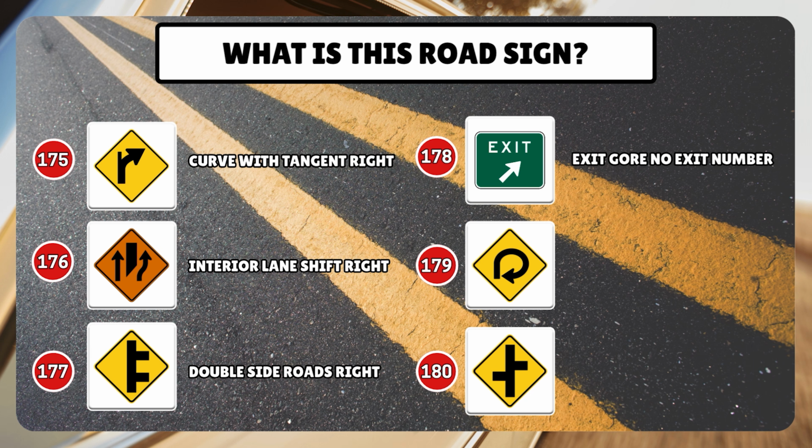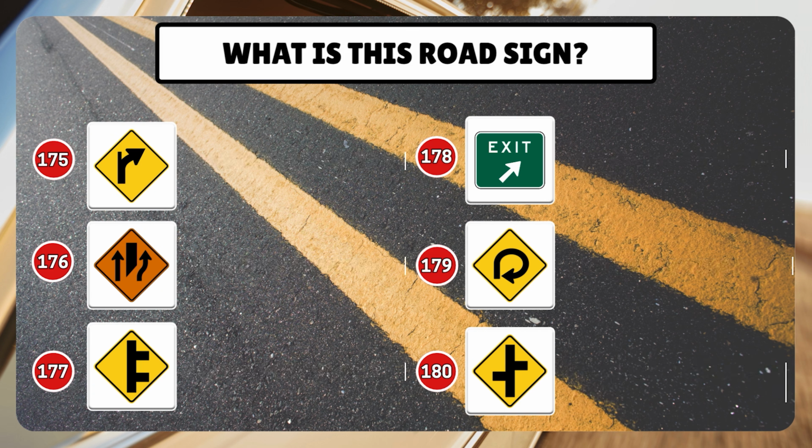That is an Exit Gore no exit number sign. That is a 270-degree loop curve right sign. Nicely done. That is an offset side roads left and right sign.